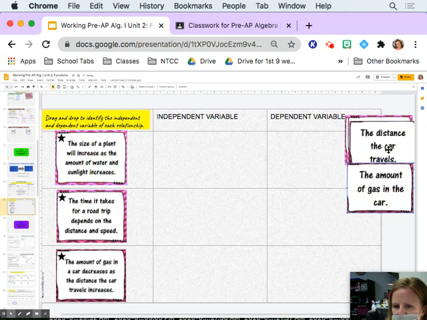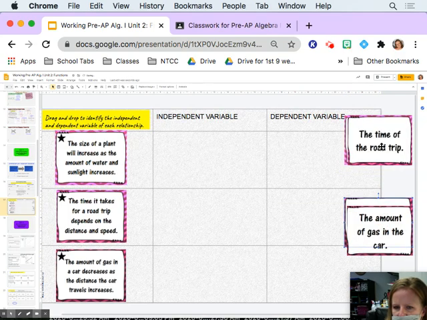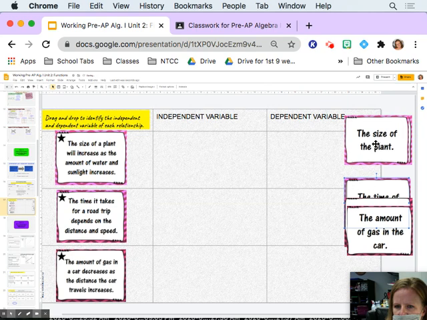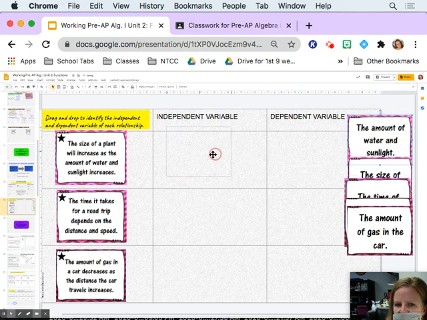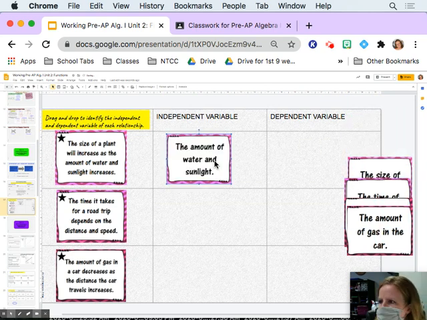The amount of water and sunlight. So that is your independent. The one that you can control is your independent. So how much water and sunlight you give changes what? Or causes an effect in what? Size of the plant.